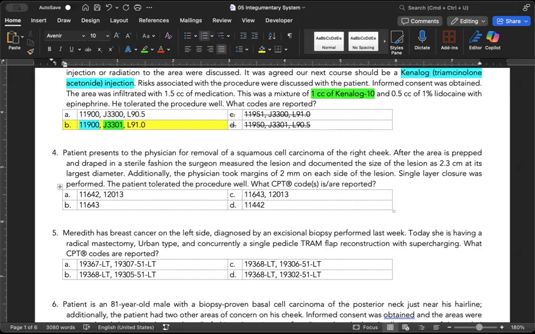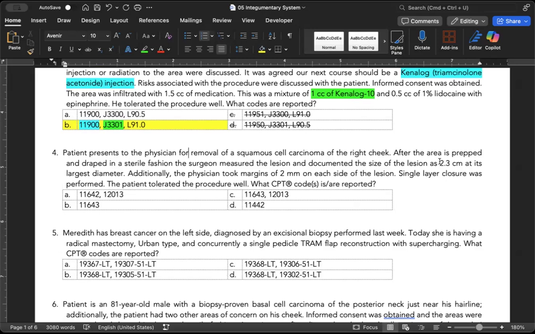So looking at it from a process of elimination standpoint, we have 2 that have 11643. So let's go look at that. 11643 is an excision of a malignant lesion, including margins, on the face, ears, eyelids, nose, and lips, and the excised diameter is 2.1 to 3.0.